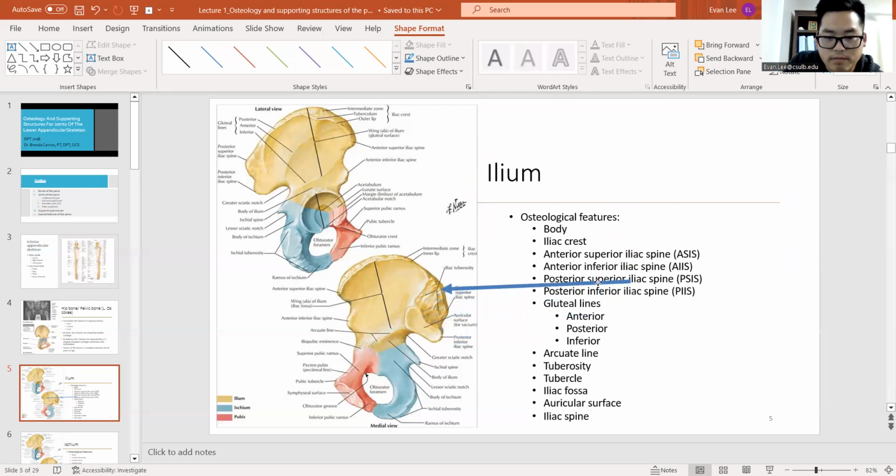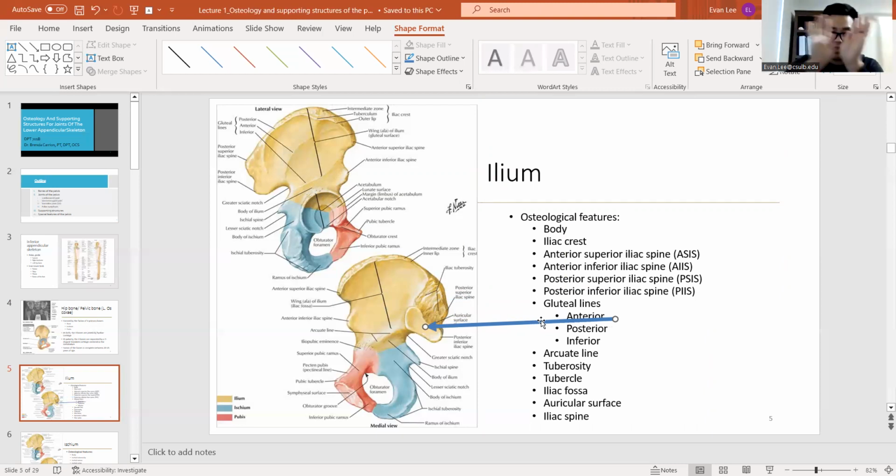And then if you look back here, there's a couple of things that you'll be able to see as well. So this roughened region right here is called the iliac tuberosity. And this is partially where you'll see it connecting with the sacrum, but even more so, you can see the auricular surface down here, where it's going to really articulate with the sacrum on its sides. So imagine you have the ilium bones on the sides of the pelvis.